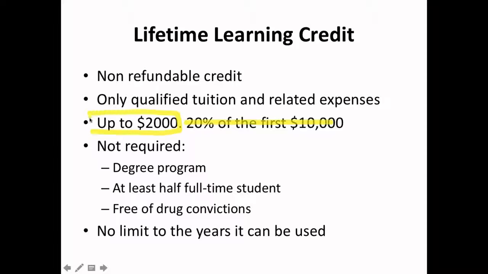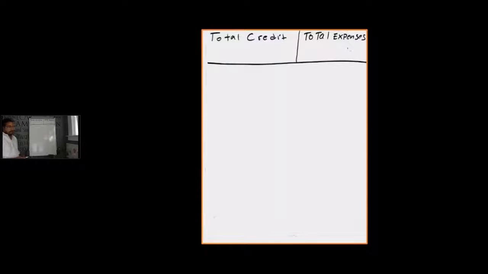This is really what the IRS covers, up to $2,000. If you spend more than $2,000, it's on you. The IRS is not going to give you any credit on anything over $2,000. So that's the difference. And I'm going to show you here on the whiteboard. You're going to find this very interesting.